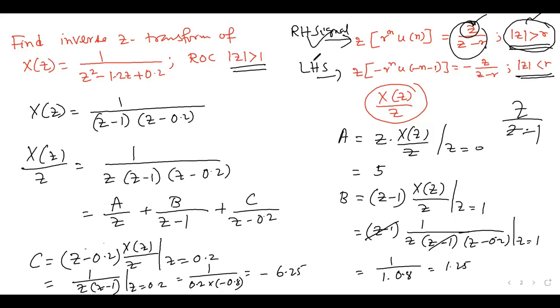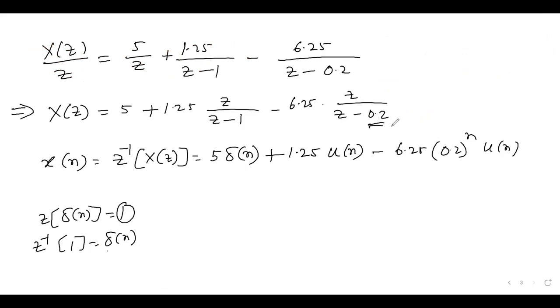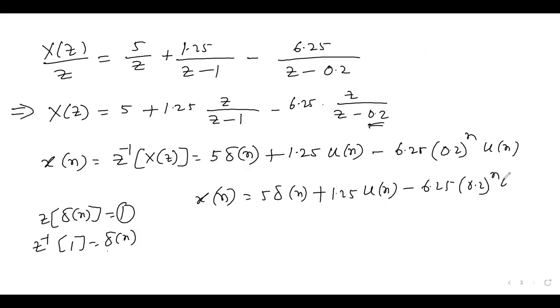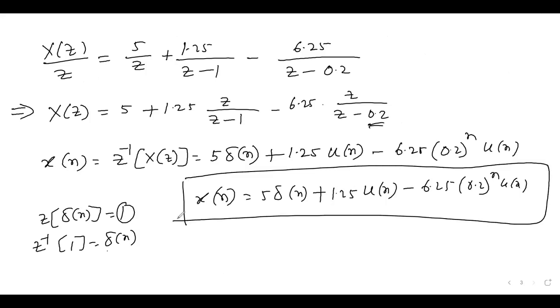Only these two formulas you need to find the inverse z transform. What is the value of r here? 0.2. So answer is 5 delta n plus 1.25 un minus 6.25 into 0.2 to the power n un. This is the inverse z transform.